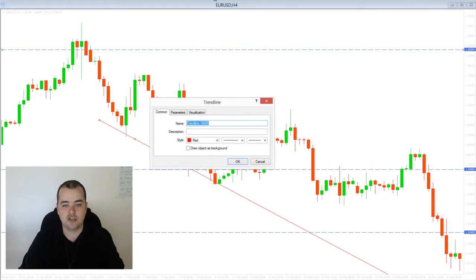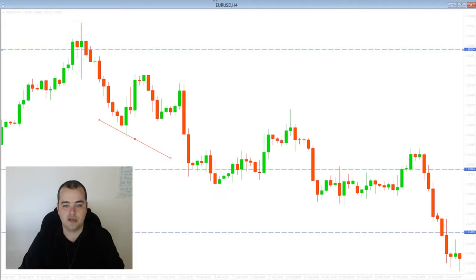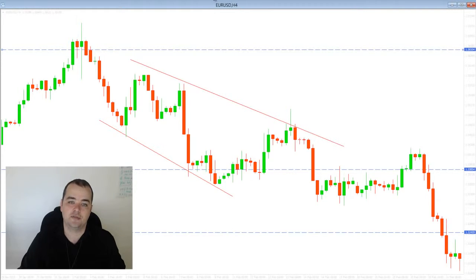Hold on a sec, guys, this is a new chart, so I've just got to change this, tick off the ray. Okay. Once you have two lower lows identified, as I mentioned in my past videos, once you have two lower highs and two lower lows, you're in a downtrend.